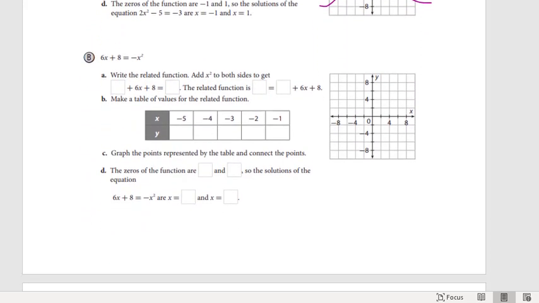Example 2. We want to rearrange this so it's in a form that's a little better. So we're going to add x squared to both sides. So we get x squared plus 6x plus 8 equals 0. All right, so the related function, because we want to find when y is equal to 0, is y equals x squared plus 6x plus 8.